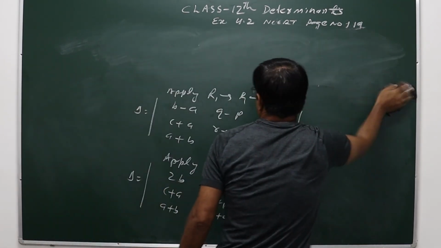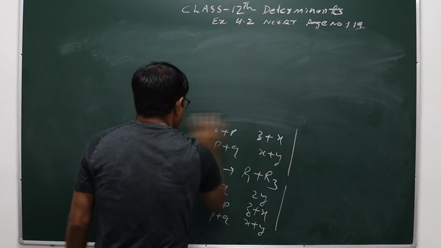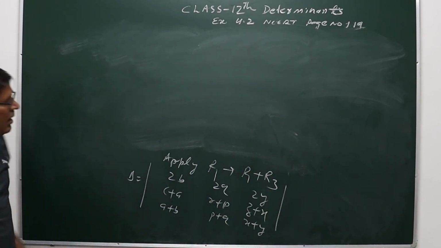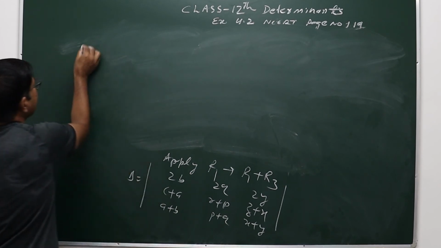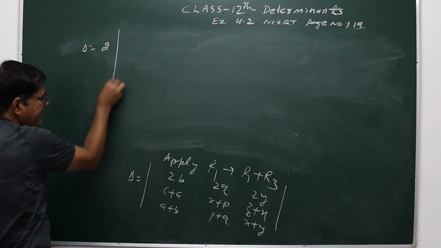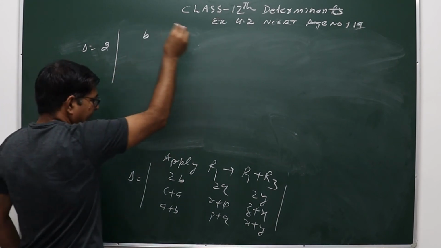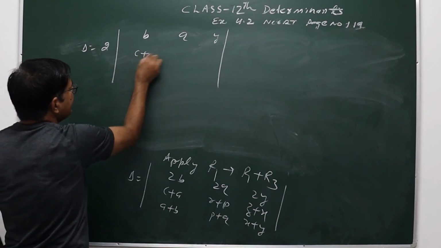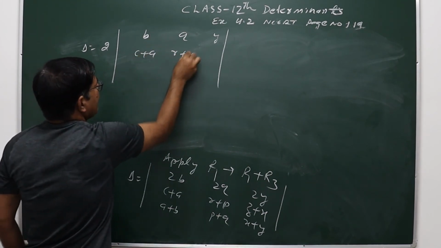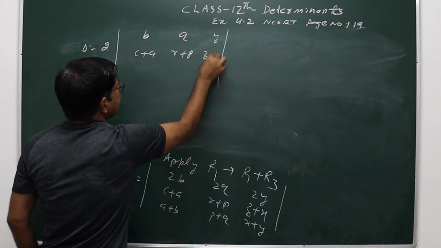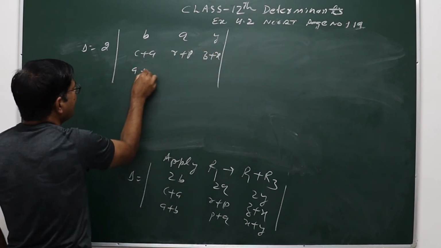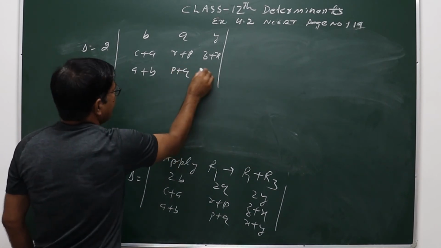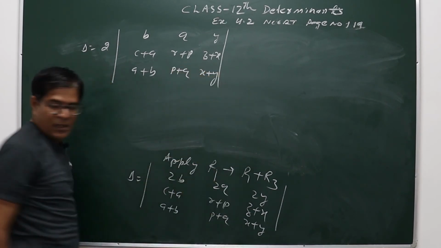On taking 2 as common from the first row, the determinant will be twice into, first row B, Q and Y, and second row as it is C plus A, R plus P, Z plus X, and A plus B, P plus Q, and X plus Y.